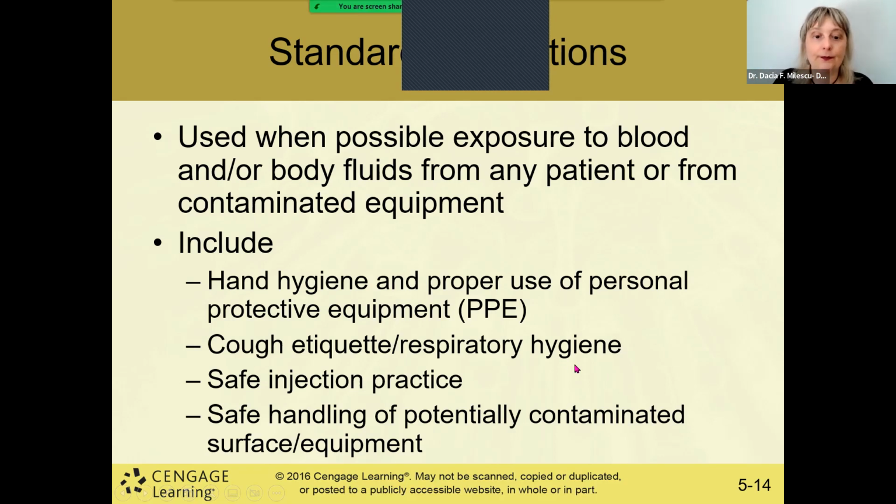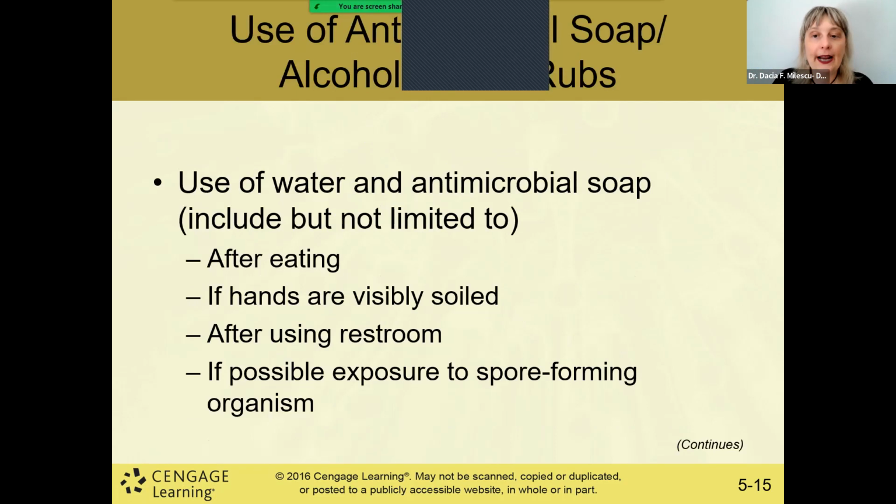without any kind of possible exposure. Water and antimicrobial soap is the go-to, especially after eating, if the hands are visibly soiled, after using the bathroom, I don't need to tell you that, and if possible exposure to spore-forming organisms. These are all the reasons, all right?